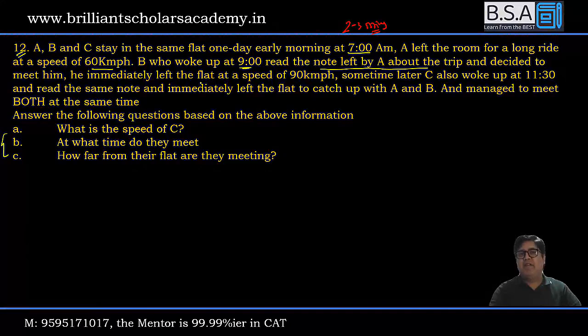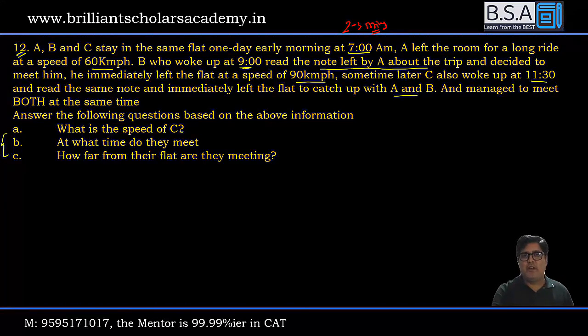He immediately left the flat at a speed of 90 kmph. Sometime later, C also woke up at 11:30, read the same note, and immediately left the flat to catch up with A and B, and managed to meet both at the same time. Answer the following questions based on the above information.